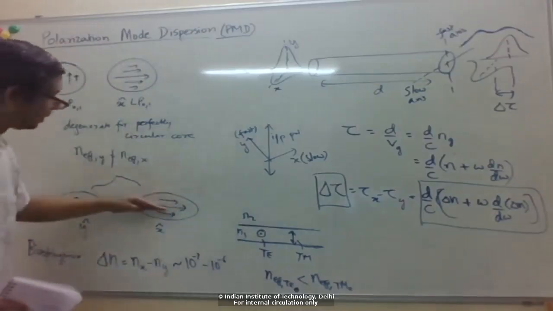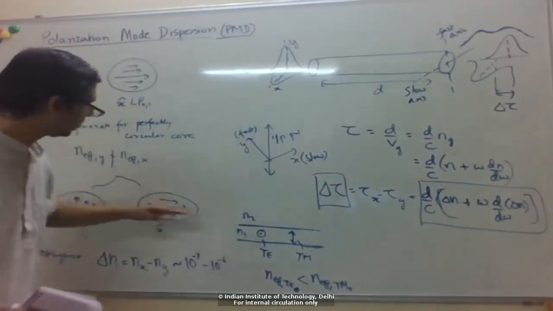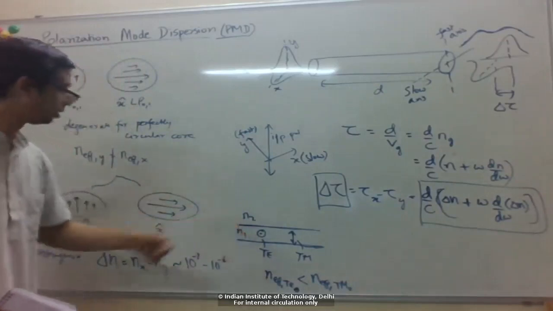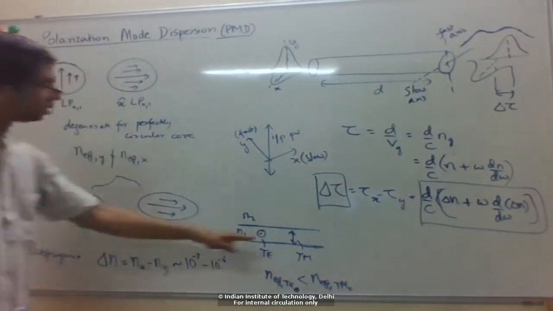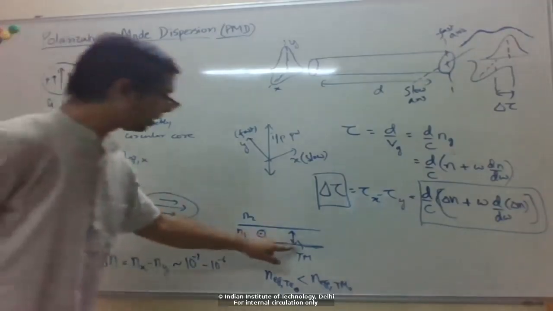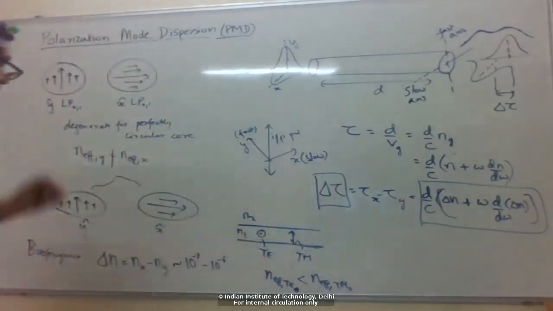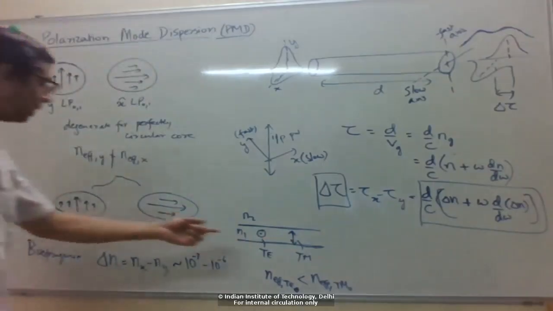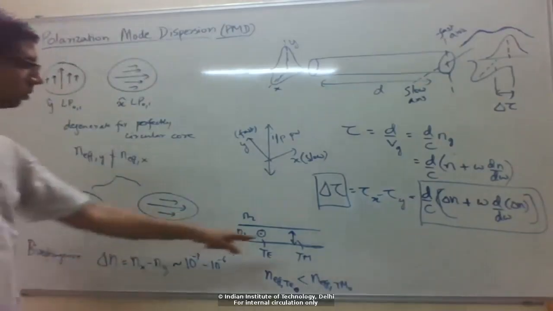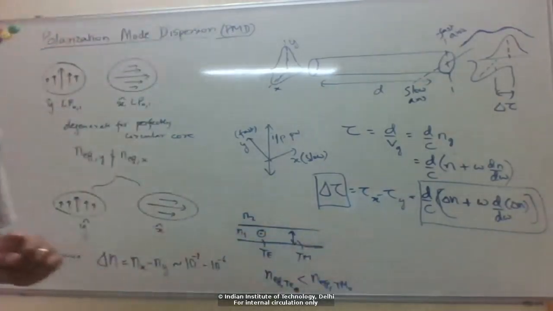So this is like the TE polarization, where the field is polarized along the bigger dimension, whereas this one has the field polarized along the smaller dimension, like the TM one. So that's why this will have smaller N effective than this, just like this.